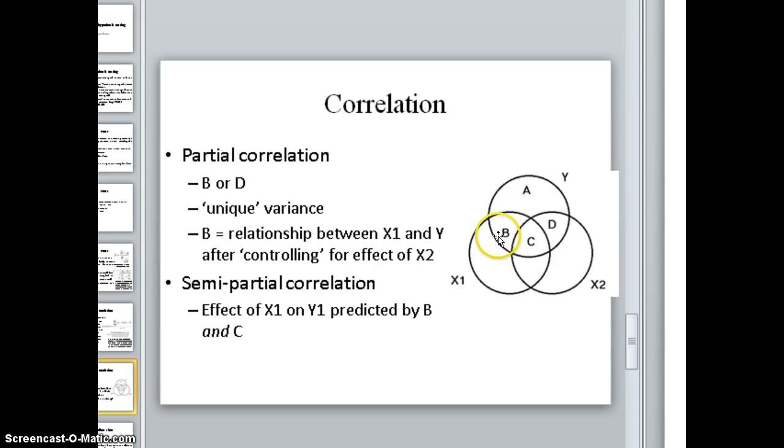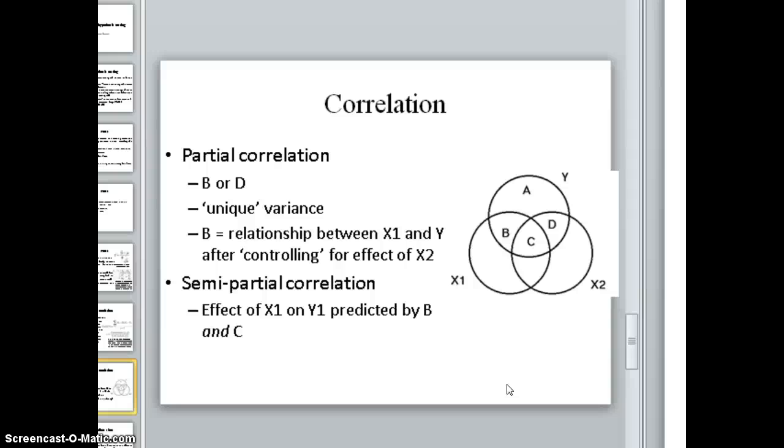This is the variance that would be used to compute the partial correlation. It's the covariance that is shared by x1 and y that is not shared with x2. Put another way, b represents the relationship between x1 and y after statistically controlling for x2. That's what a partial correlation is.